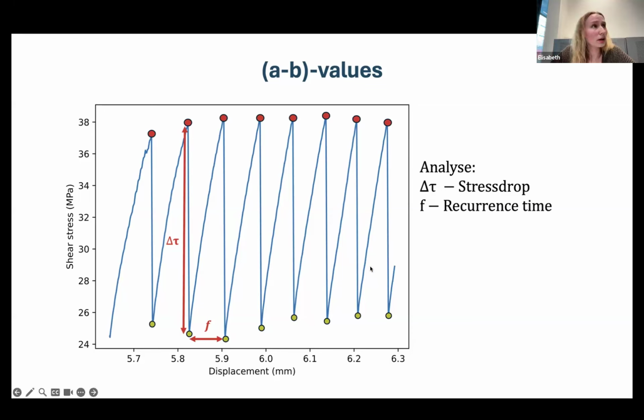And also, there are some ultrasonic sensors now in the apparatus, which I run in trigger mode. So if a stick slip occurs, I can sometimes record ultrasonic acoustic emissions. But yeah, it's ongoing work.